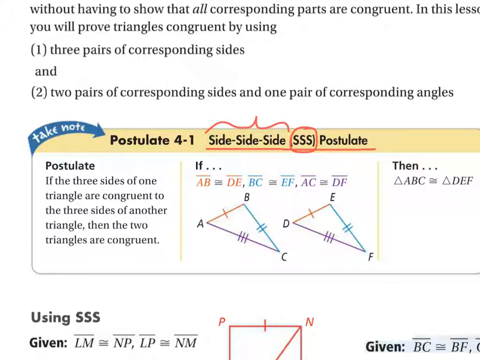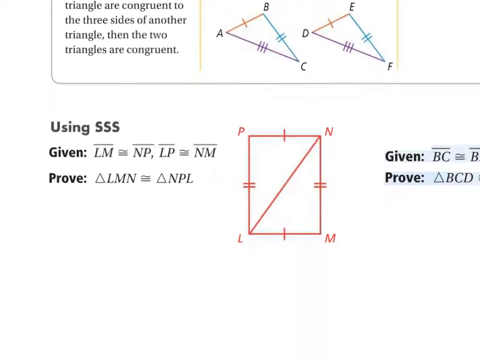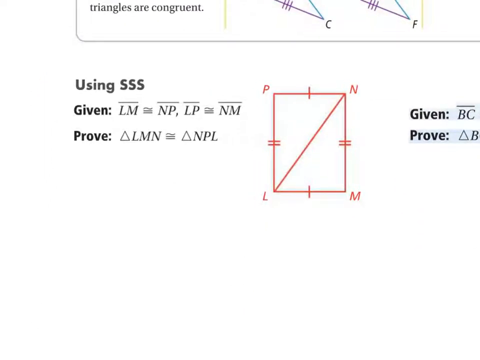And this can be shown if you take three sticks or three different size pencils or pens, and you put them together as a triangle and then mix them up and put them together again, you're always going to be making the exact same triangle. So this is in fact true, and we can then work this in a proof.